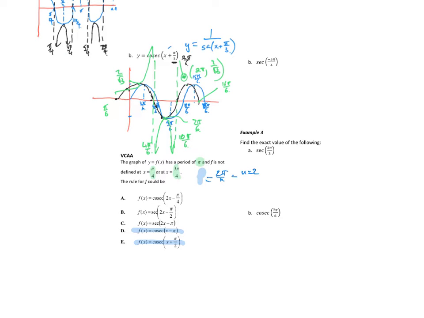Now, if I do a standard sine 2x or a standard cos 2x graph, the period is pi on 2. Now, if I'm going to translate that graph left or right, at the moment my asymptotes would be there.